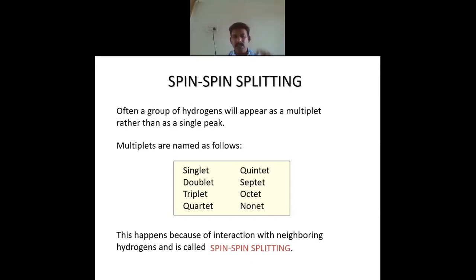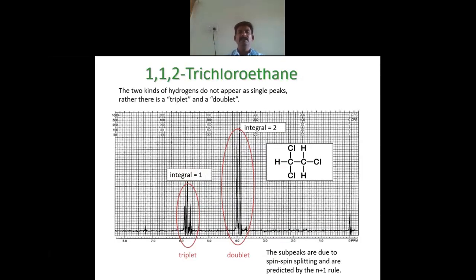For example, in CH3 CH2, the neighboring protons of CH2 are the CH3, and the neighboring protons of CH3 are the CH2.